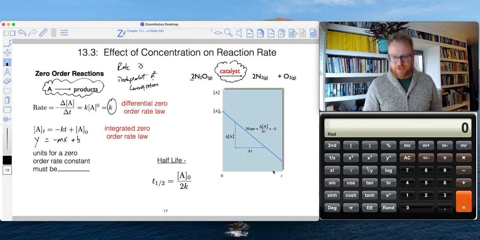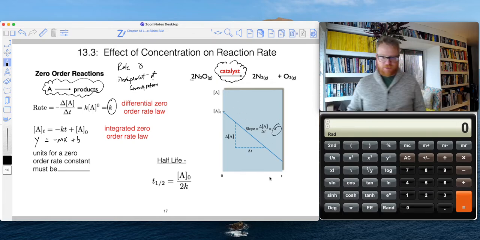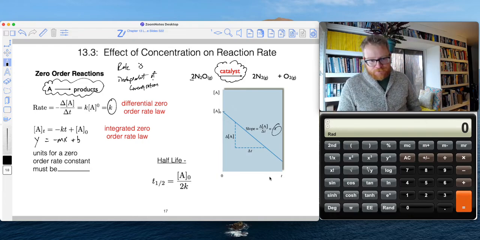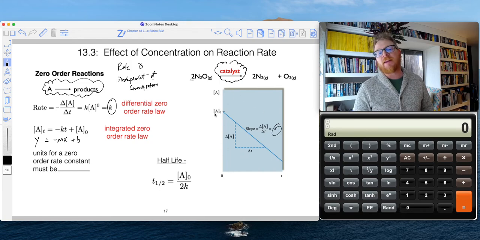If we plot concentration versus time and see a steady linear slope, then we know it's zero order, and the slope gives us the rate constant, as in all the other examples. But we've not made any manipulation to the y-axis. We're not taking the natural log or 1 over. Just straight concentration versus time gives us a linear decay.